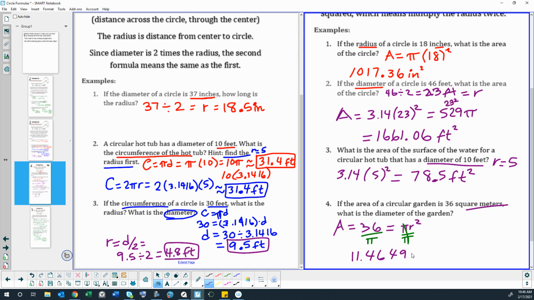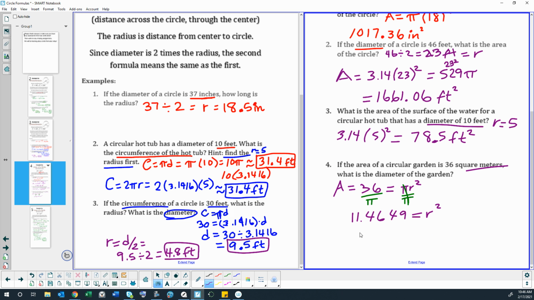Use as many decimal places as you want at this point. That's probably enough. So that's r squared. Then in order to find r, we actually have to square root that answer. So to find r, we're going to do the square root of the 11.464.